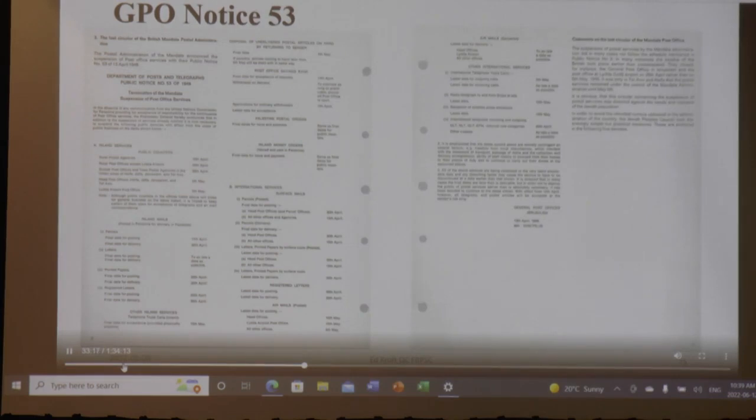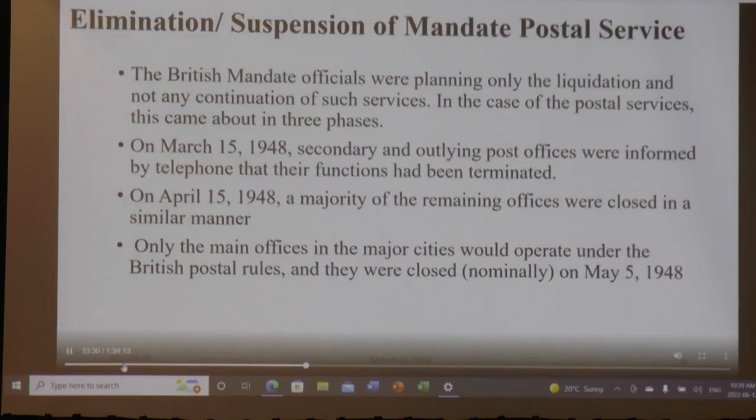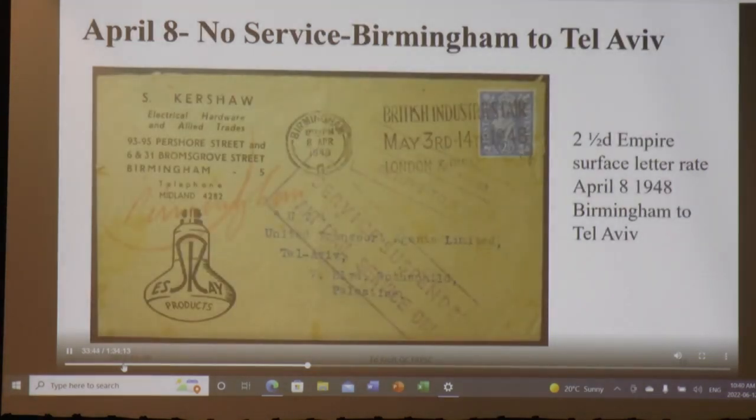And here are the postal circulars in Jerusalem that were issued by the Department of Posts and Telegraphs in Palestine, again announcing the dates for termination of services. So what the British were intending to do is slowly cut off services to the point where somebody might step in, but they basically said to people, you won't get mail into Palestine, you won't get mail out of Palestine.